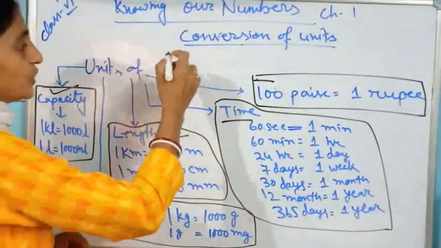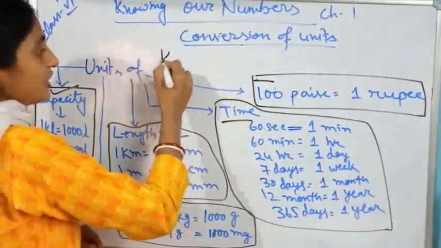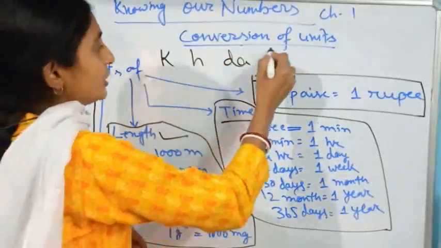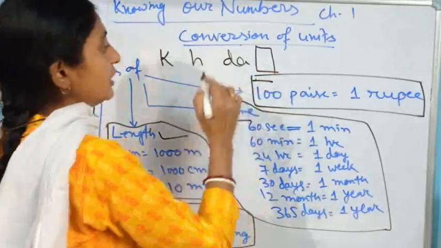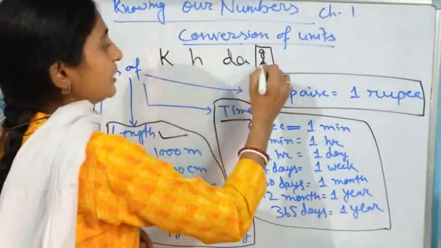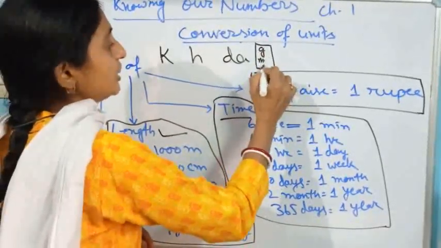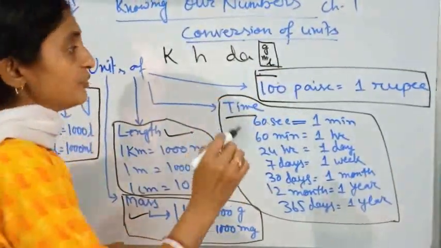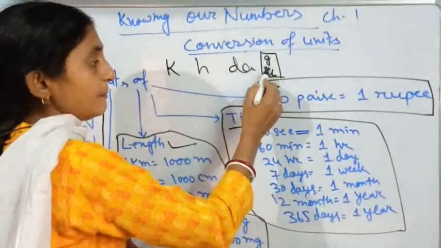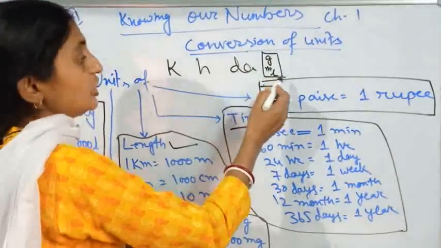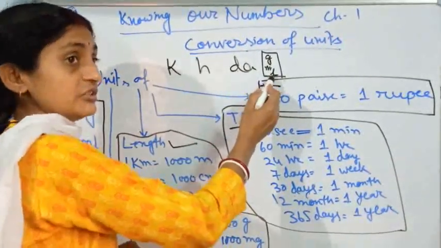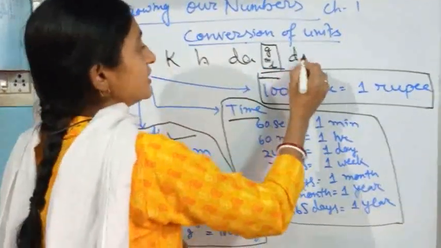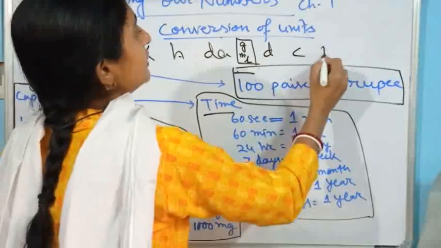For that you can follow, I am writing it here: kilo, hecto, deca, then in between it can be gram, it can be meter, it can be liter. Any of them it can be. Gram for mass, m that means meter for length, and L for capacity, that is liter. Then kilo, hecto, deca, then deci, then centi, then milli.